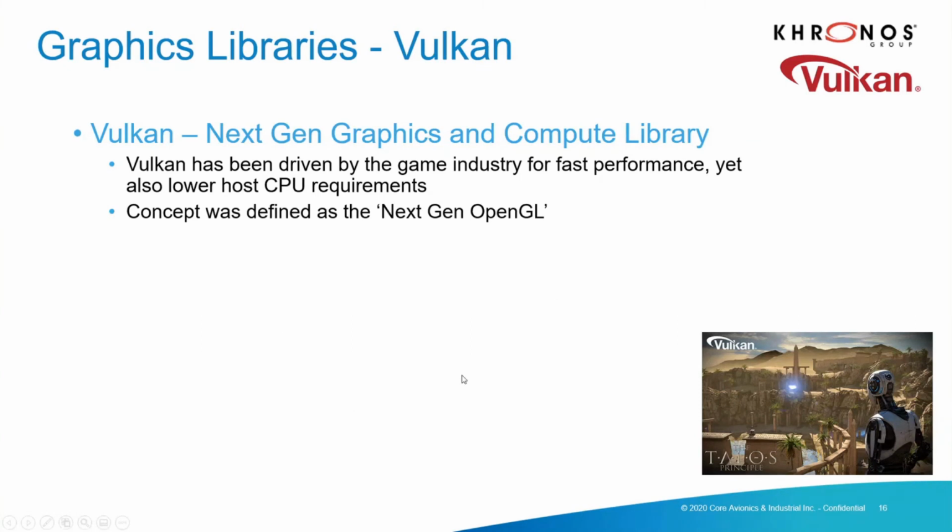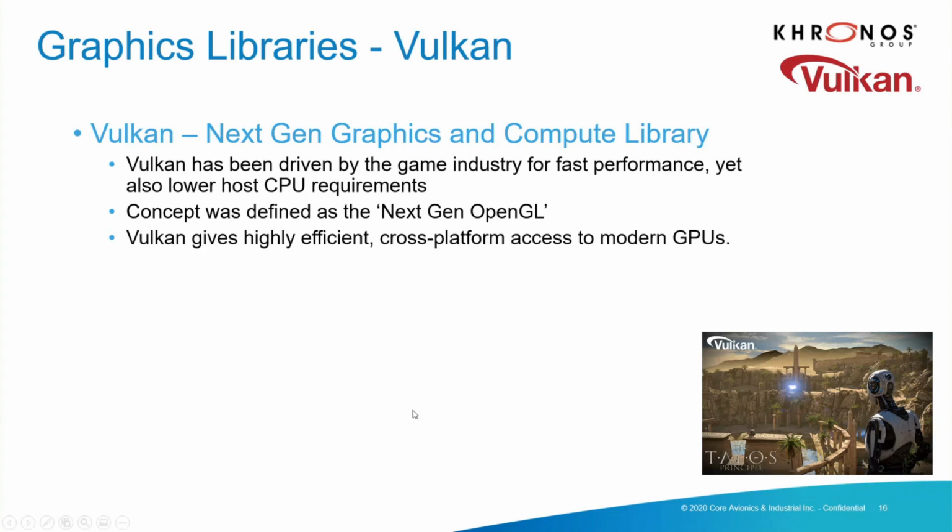OpenGL has been around since 1991, so it's time for a new standard, a video standard and a compute standard. Vulkan is designed to give high efficiency across platforms and access to modern GPUs. That basically means it will run on mobile phones, laptops, desktop PCs, and other embedded devices.